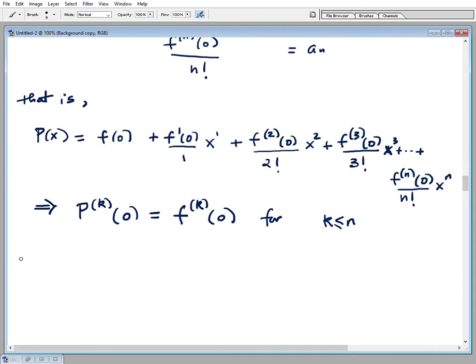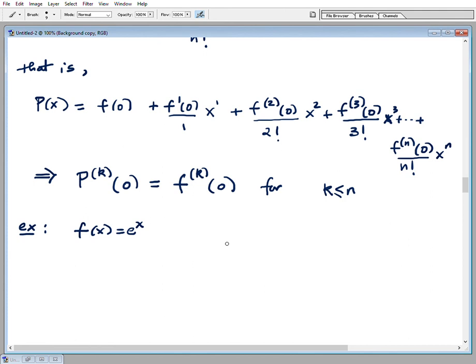Let's do an example. We'll just do one example. Let's say we have e to the x. This is the easiest one, because the derivative of e to the x is equal to e to the x. So here we have to take all these derivatives, but in the case of e to the x, it's very simple. All the derivatives of e to the x are equal to e to the x.